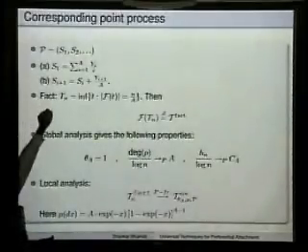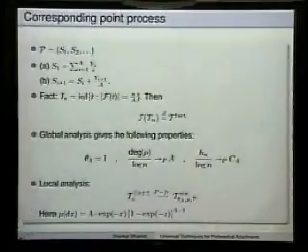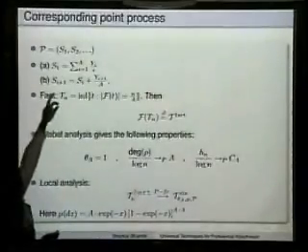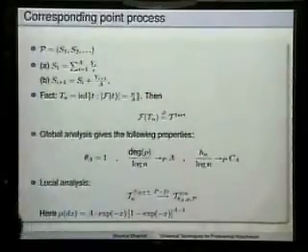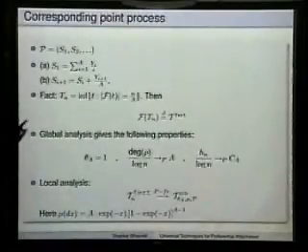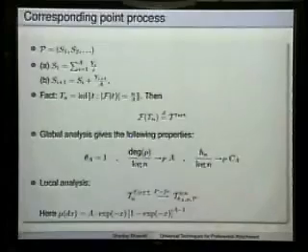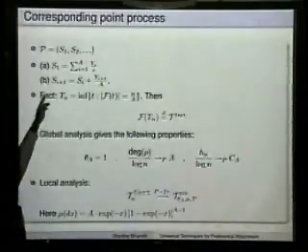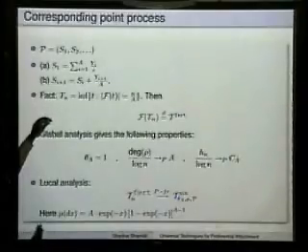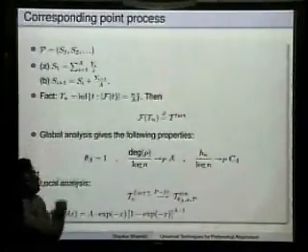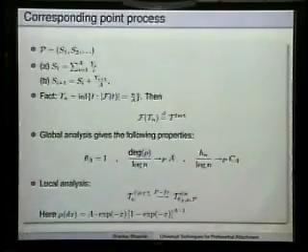S1 is the sum from 1 to a of Yi over i, where the Yi are exponential random variables. And after you know the first point of your point process, S(i+1) is Si plus Y(i+1) divided by a. This a remains fixed after that.